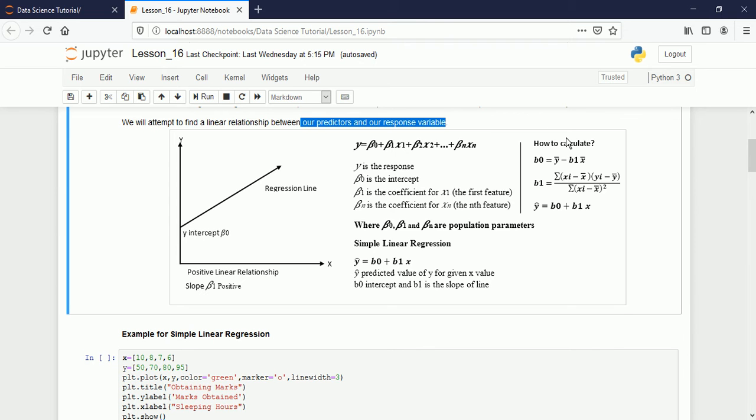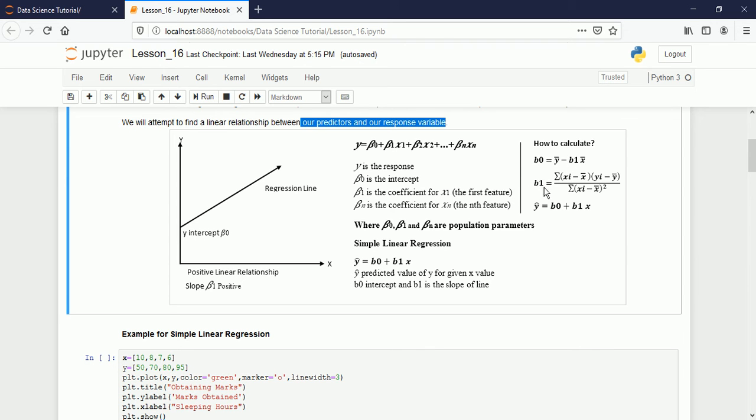Let's see, friends, how to calculate these constant values, for example b naught and b1, and then the y predicted value. b naught is very simple, friends. b naught is equal to the mean of y minus b1 times the mean of x. So if we have a series of response values, we find the mean of y and the mean of x, and with b1 we can easily find the b naught value.